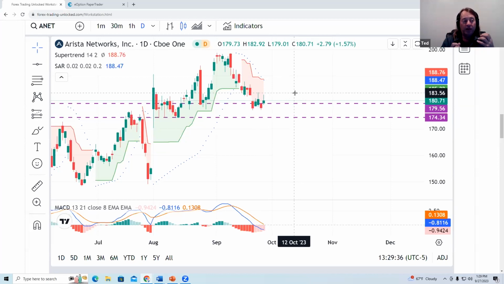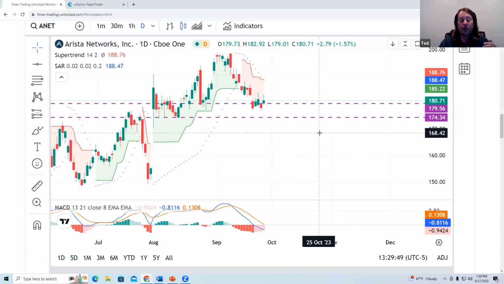So if the market trades down below 175 at expiration and you have a calendar spread on, well, the one you sold, you want to expire worthless, and then you still have time for the bounce and for the market to turn around if it truly is a good long play.